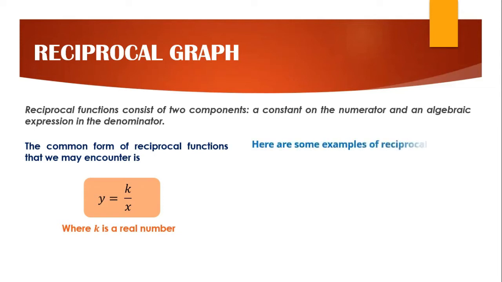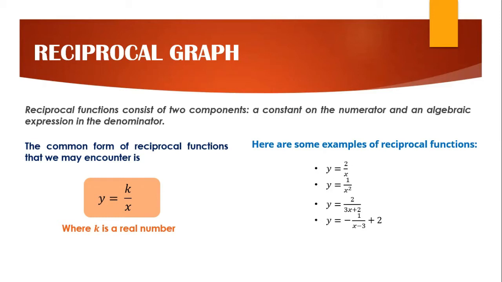Here are some examples of reciprocal function. y equal 2 over x, y equal 1 over x squared, y equal 2 over 3x plus 2, y equal minus 1 over x minus 3 plus 2.